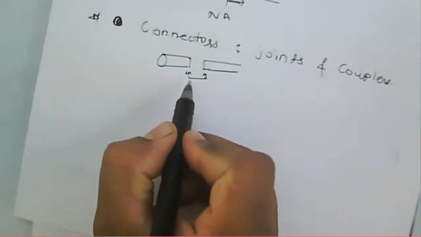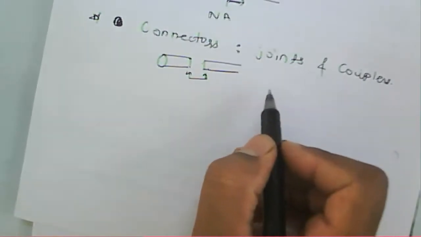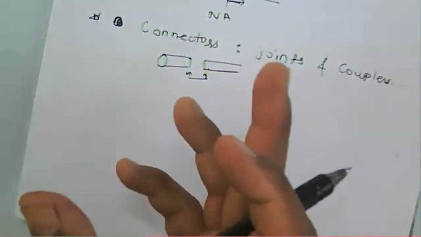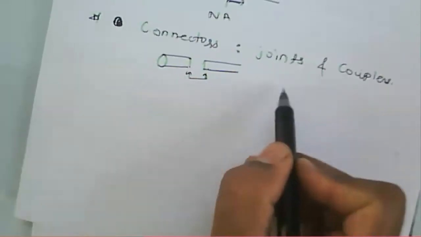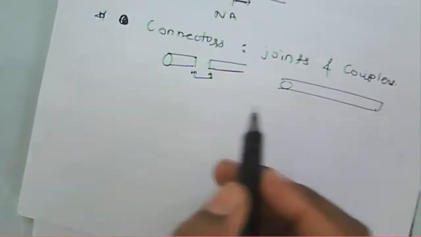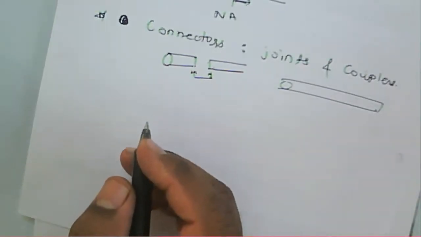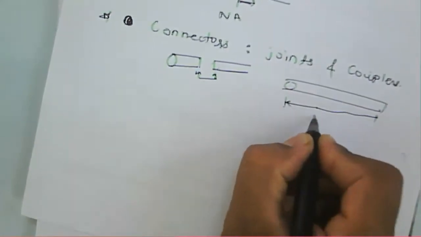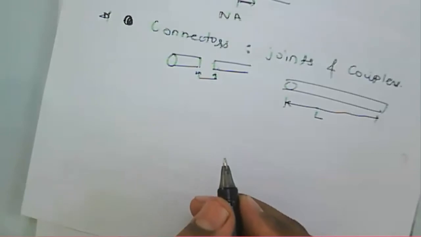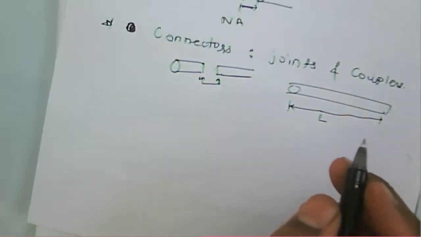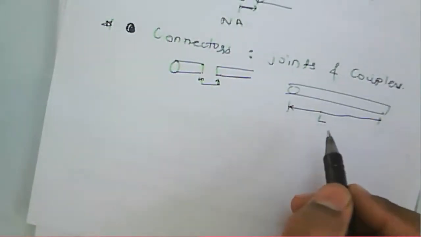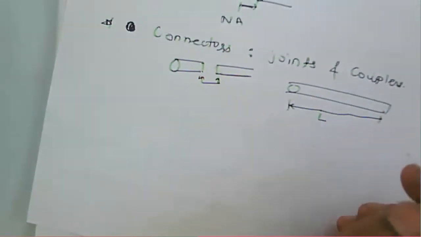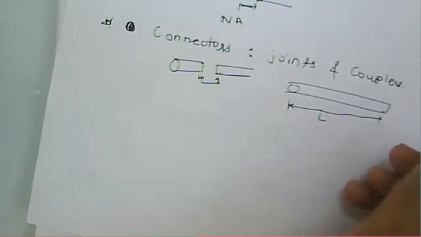How many connectors or how many joints we are using for a given particular fiber length depends upon the total length of the fiber, or the link length of the fiber. Link length depends upon at what particular length of the fiber dispersion or distortion will be large.